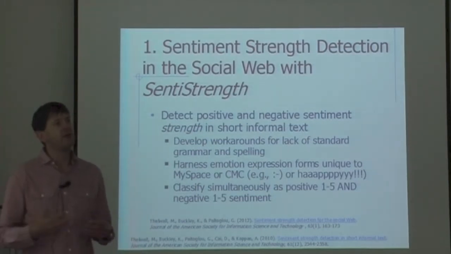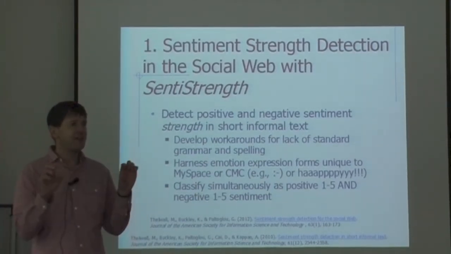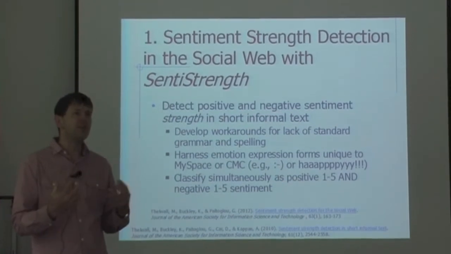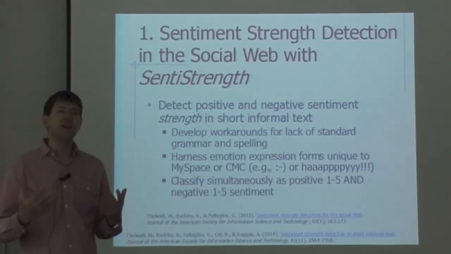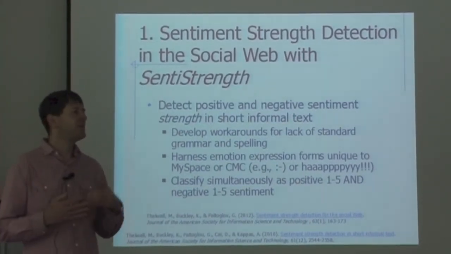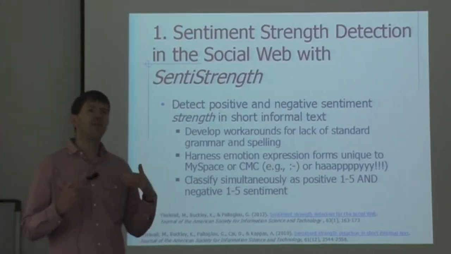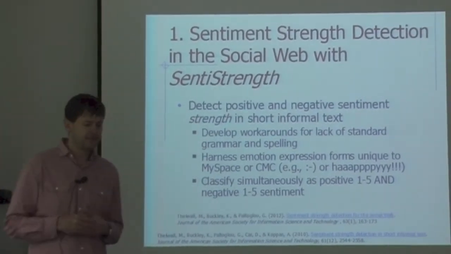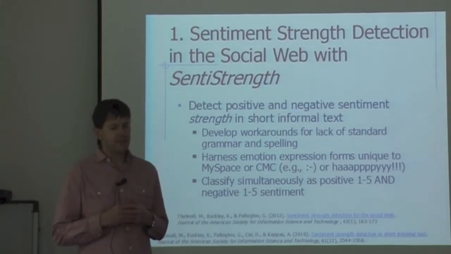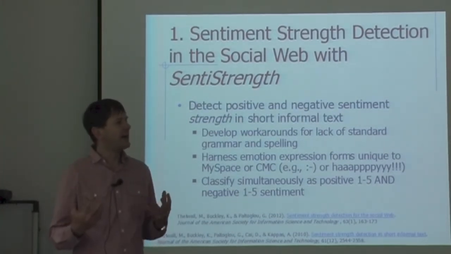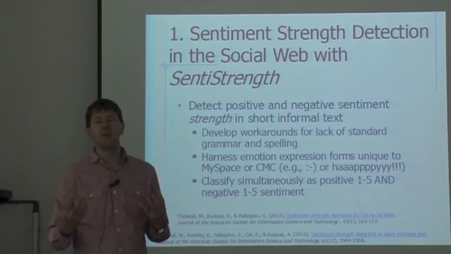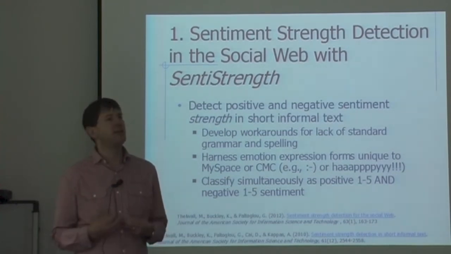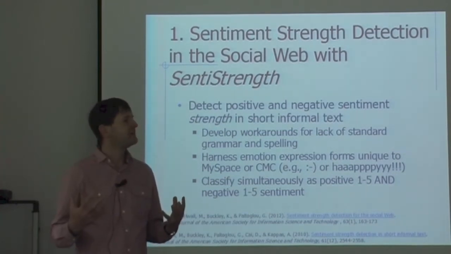So the program looks inside a text to see if there's any evidence that there's sentiment in the text. And it looks separately for positive sentiment and for negative sentiment. And it's designed in a way that it doesn't assume that the language used is grammatically correct.